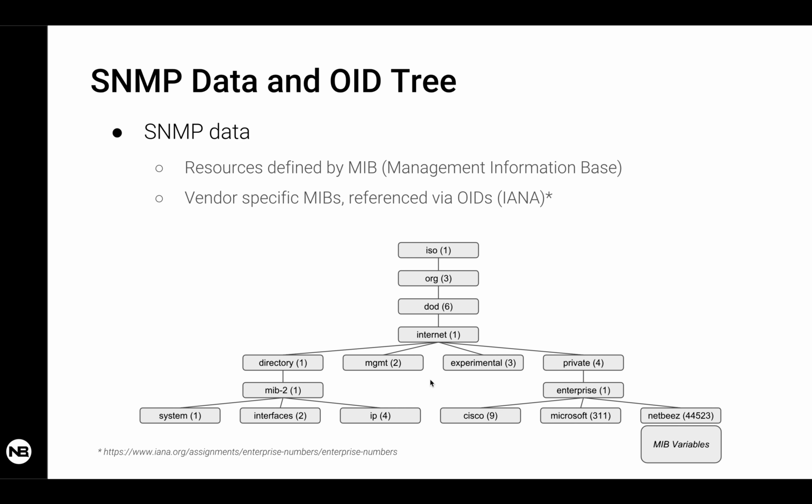So here you can see the tree of the main branches. For example, we have NetBeez, we have our own MIB and vendor ID in this case. To refer to the NetBeez MIB in the global hierarchy, you have to go down through the tree: 1.3.6.1.4.1.44523. That's the way to identify in the tree the NetBeez MIB, for example. And within that MIB, we have our own specific queries that devices can exchange. If you want a full list, here I send the link so you can check that out.